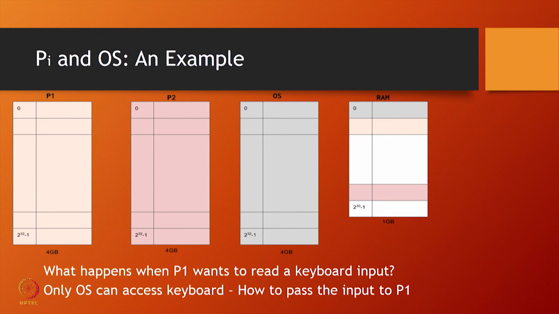Shared in the sense that some part is exclusive. Let us say I do not want to share the same virtual address among the three processes. Suppose P1 requires some amount of space, so P1 will have its space. In the corresponding page table of P1, those pages alone will be enabled; in the corresponding page table of P2 those pages will be enabled; in the corresponding page table of the OS those pages will be enabled.